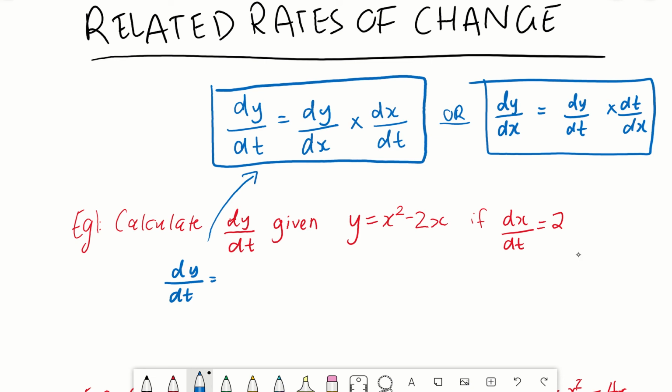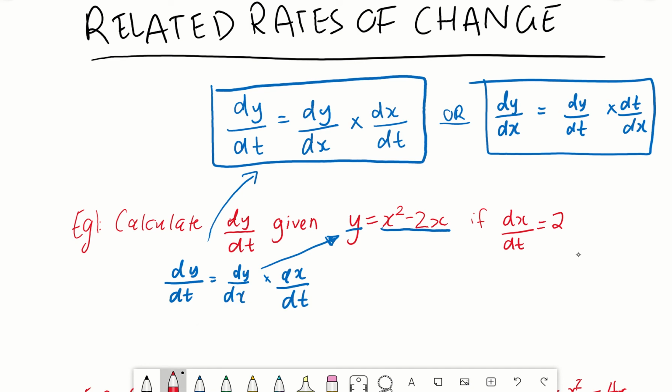So we could find dy dt if we take dy dx, which we could find because that's just the derivative of this function, because that's y with respect to x. And then timesing it by, well, what do we need to times it by to get rid of what we need? Dx on dt. And double check, yep, my dx will cancel with my dx, and I'll have dy on dt, which is what I need to find.